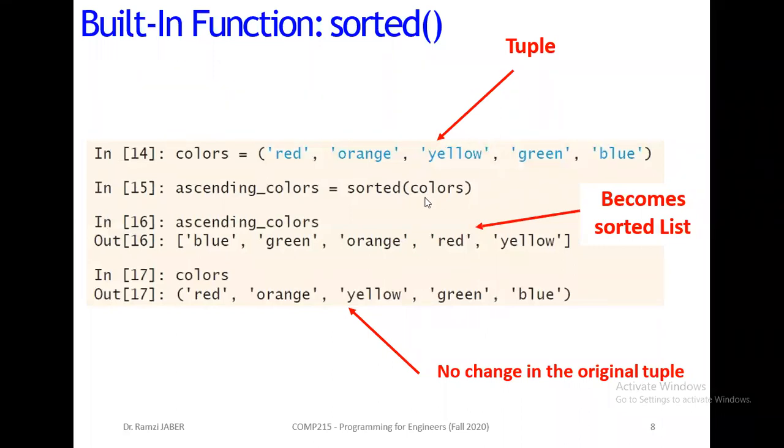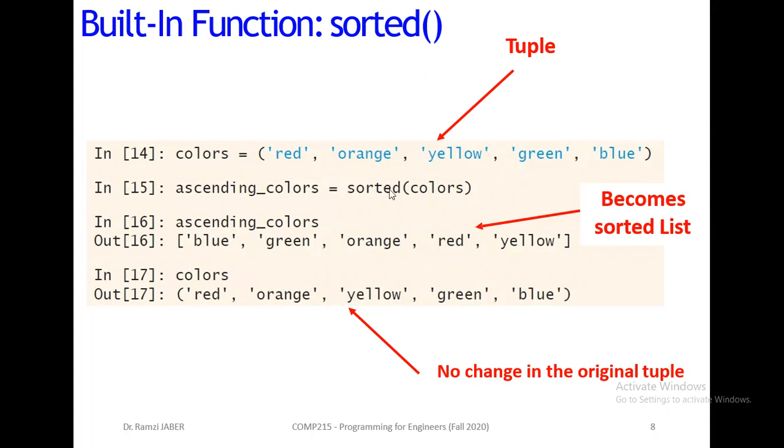But the output will always be a sorted list. If we put a list, the list will be sorted. If we put a string, it will be converted to a sorted list. If we put a tuple, our next lecture will talk a lot about tuples, it will also be converted to a sorted list.